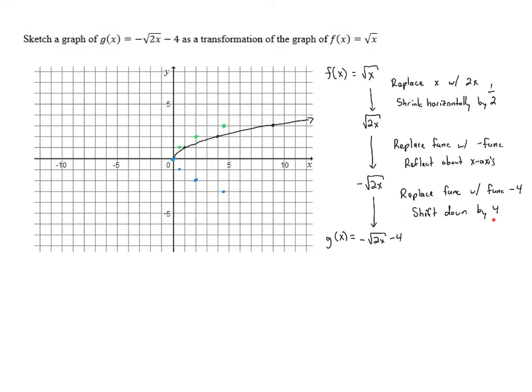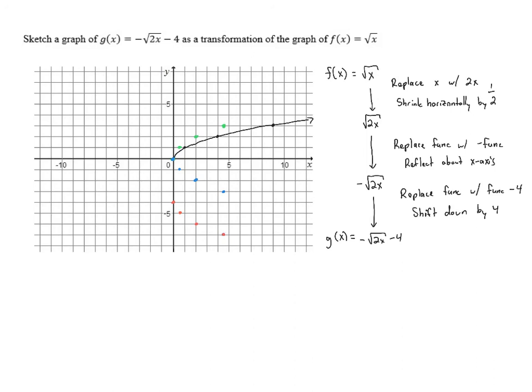And then lastly, we have to shift down by 4 units. If we shift each of these down by 4 units, the origin is going to move down to -4. The next point is going to move down to -5. The following point is going to move down to -6. And the last one will move down to -7.